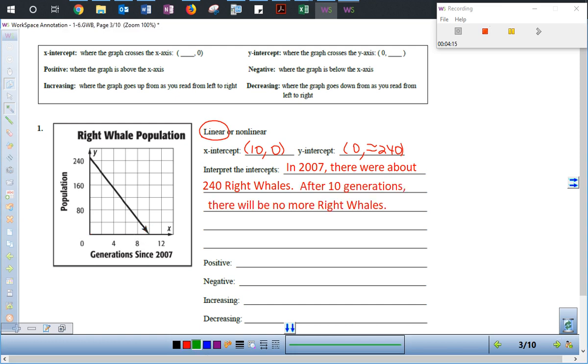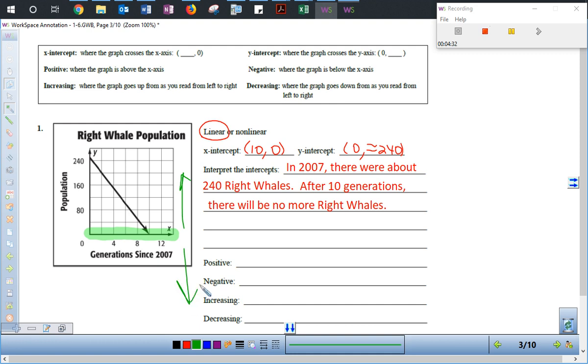Next, I need to talk about where my graph is positive and where it is negative. Remember, positive and negative are all about how it is in relation to the x-axis. So when my graph is above the x-axis, it's positive, and when it's below the x-axis, it's negative.